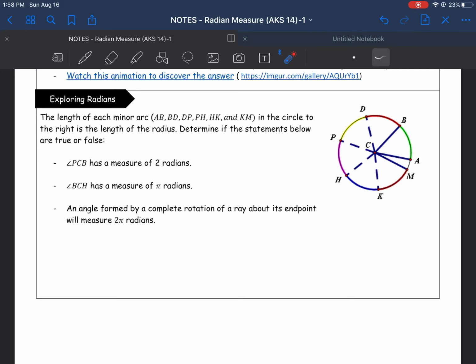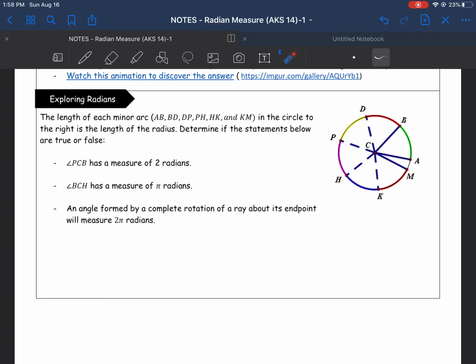And by definition of radian, that means angle ACB, angle BCD, angle DCP, angle PCH, angle HCK, and angle KCM all measure 1 radian. So let's see which of these statements are true or false.